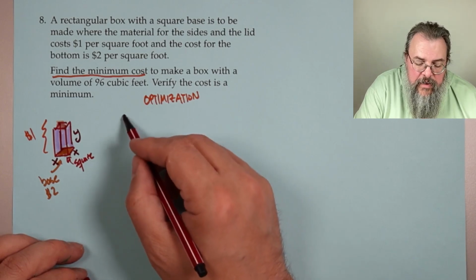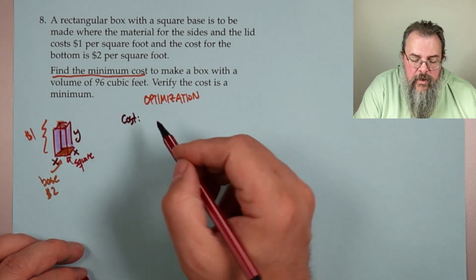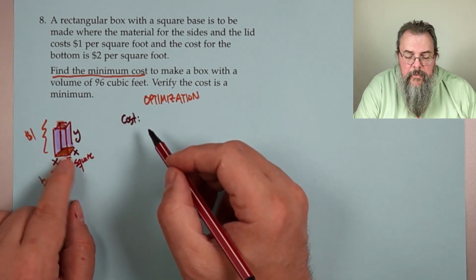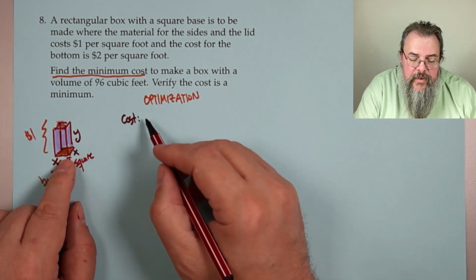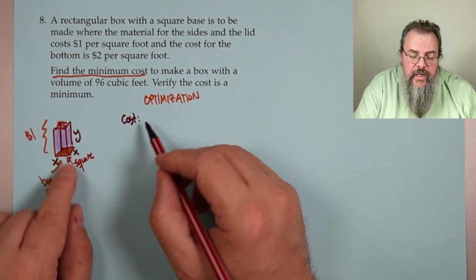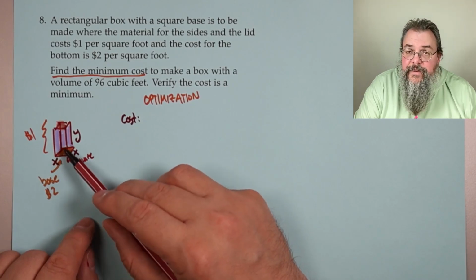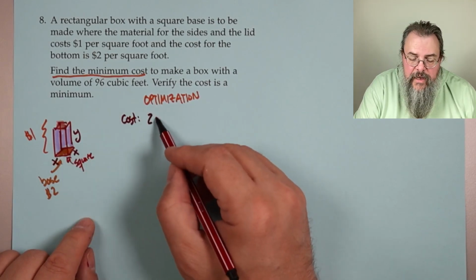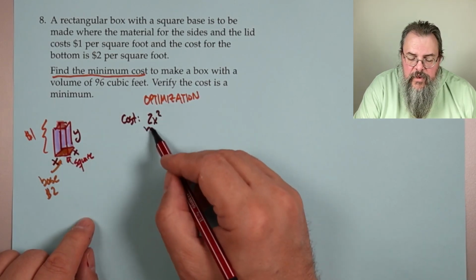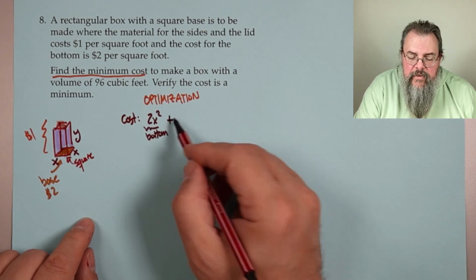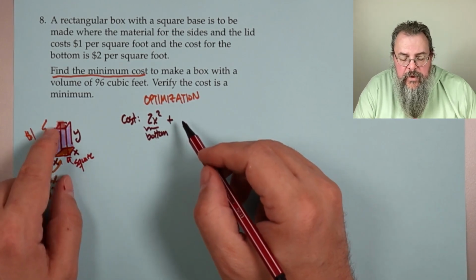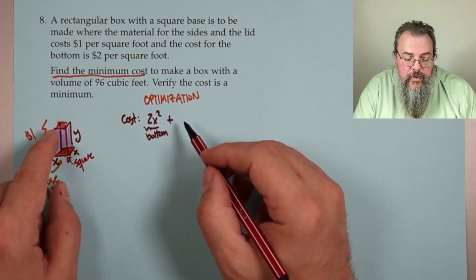So our cost, well, the bottom costs $2 per square foot. Now the square footage of the bottom is x times x. So the cost is 2x squared. This is for the bottom. And now plus the rest of the cost is 1 per square foot.